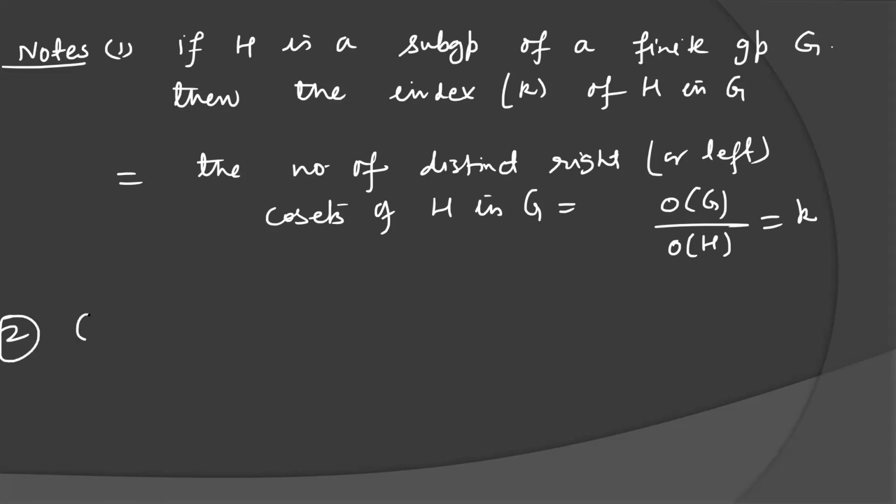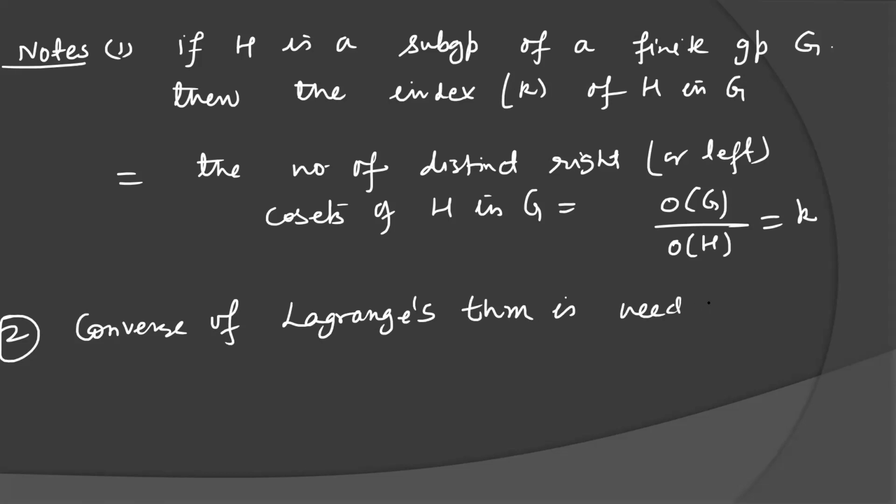The second important point is that the converse of Lagrange's theorem need not be true. What is the meaning? The converse means: the order of the group is divisible by the order of the subgroup. Suppose the order of the group is 12. Then what will be the divisors of 12? 1, 2, 3, 4, 6, 12. So the converse says it does not imply that a group G of order 12 has subgroups of all the divisor orders.